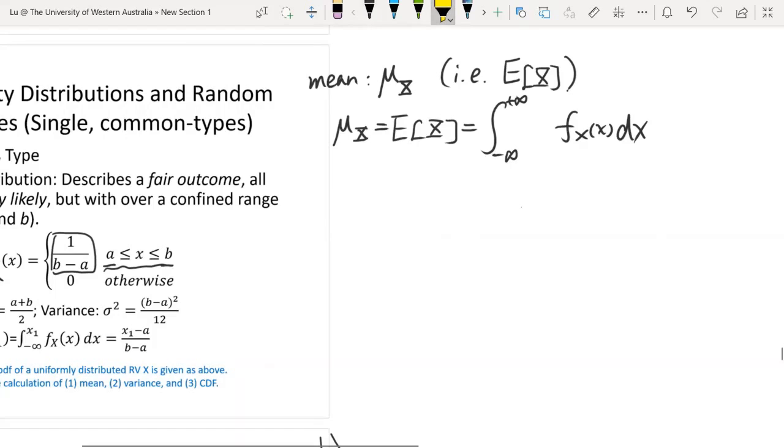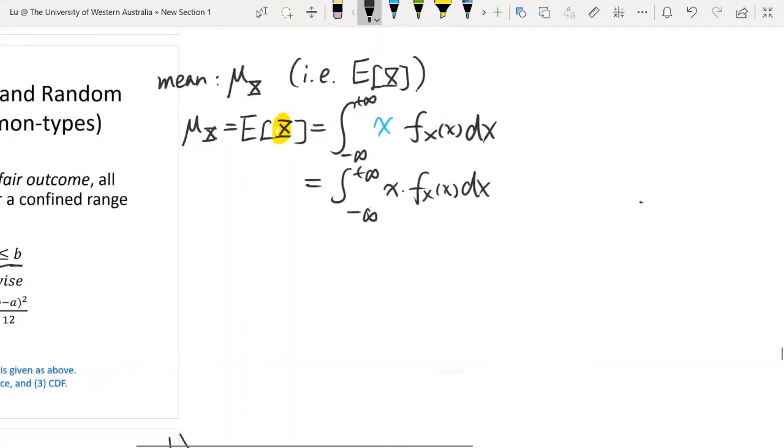No matter what you have inside the expectation operator, just move it into the template. X is changed to x; if you have something else, just change it and move it into the integration. Then we calculate this integration: negative infinity to positive infinity of x times f_X(x) dx.